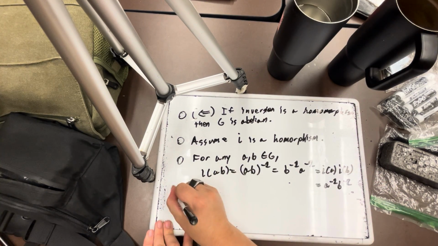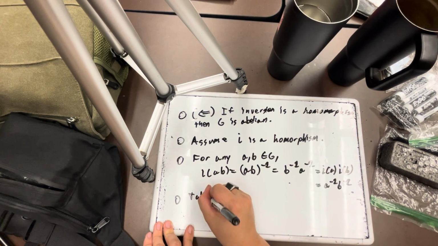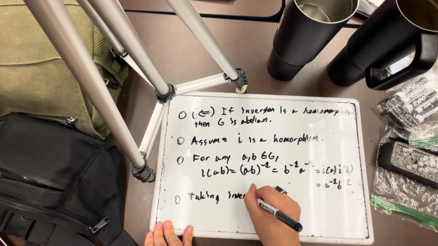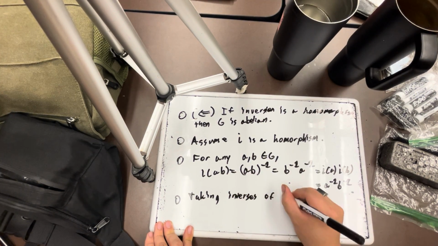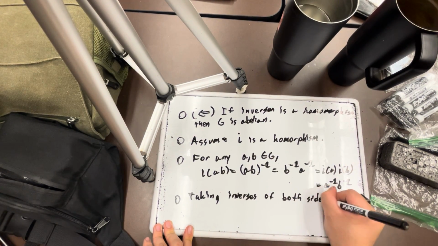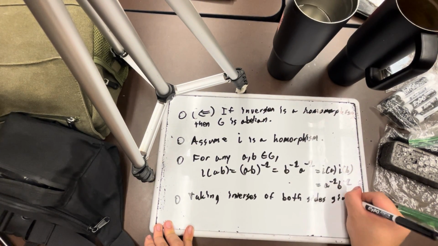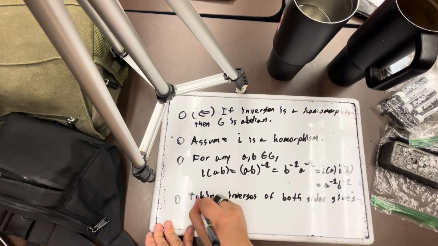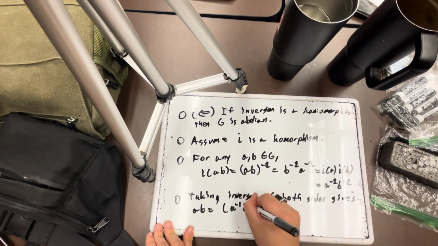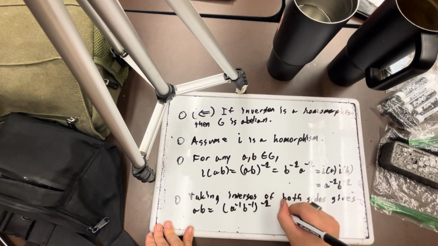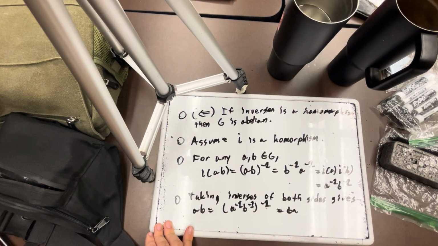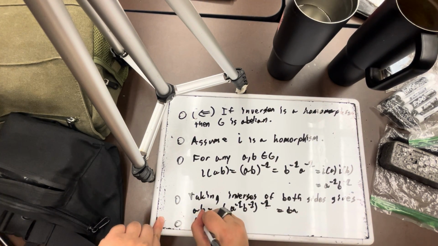And taking inverses of both sides gives ab is equal to (a^-1 b^-1)^-1, which is equal to ba, right? So G is abelian.